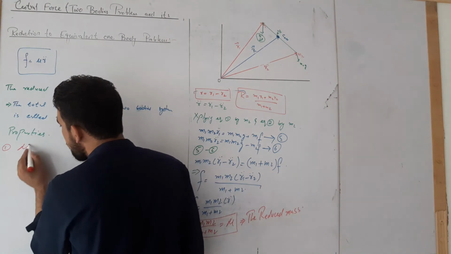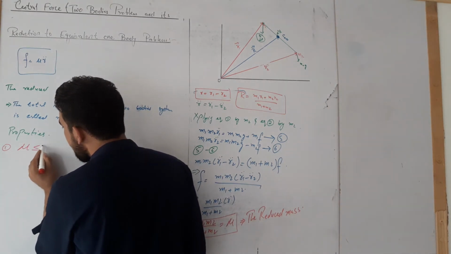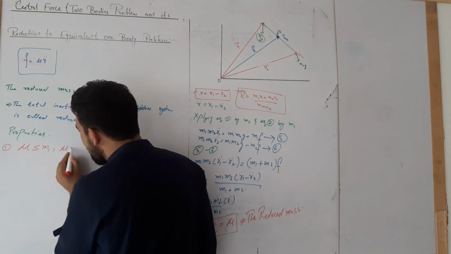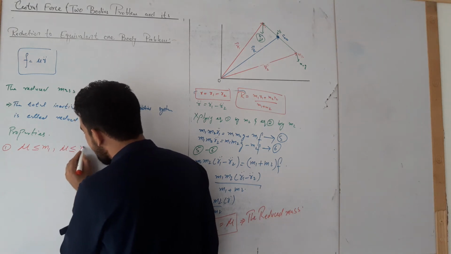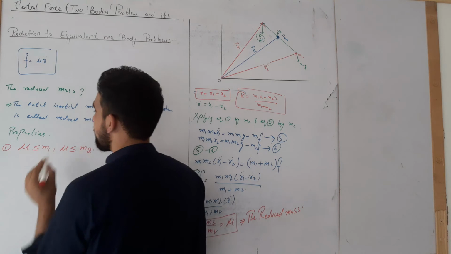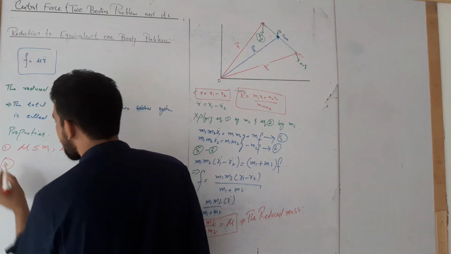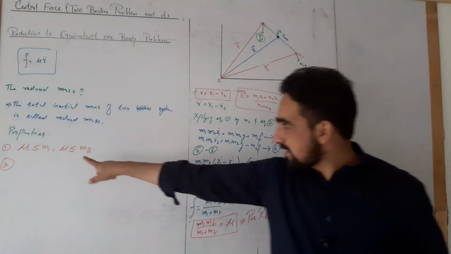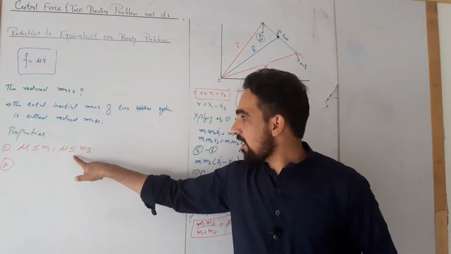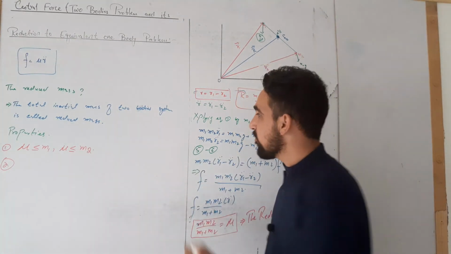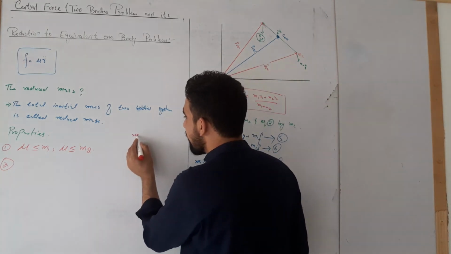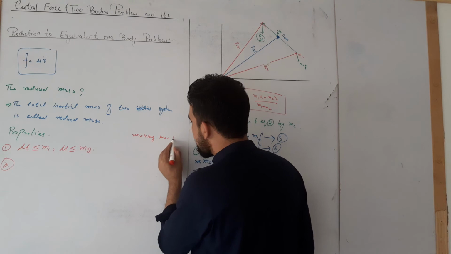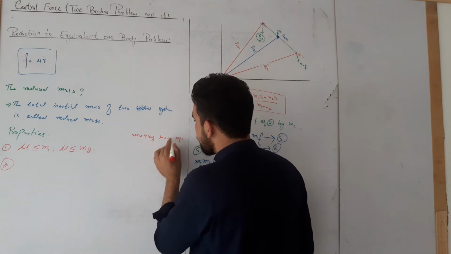Reduced mass mu is always less than or equal to m1. Reduced mass mu is always less than or equal to m2. So let us consider two masses. m1 is equal to 4 kg and m2 is equal to, let's say, 6 kg.